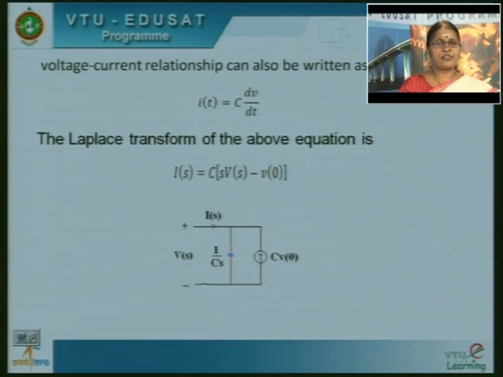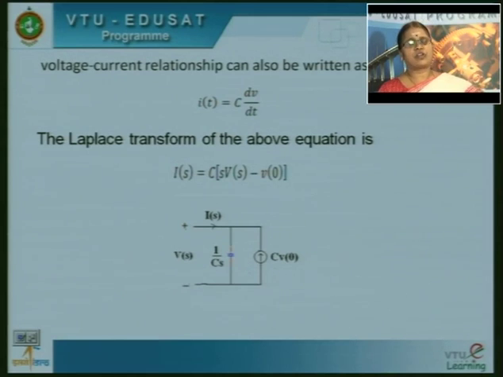But instead of writing the equation in time domain and then translating, we can directly write the transformed network, and when we write the transformed network, we can view every impedance irrespective of whether it is a resistor, view them as impedances.